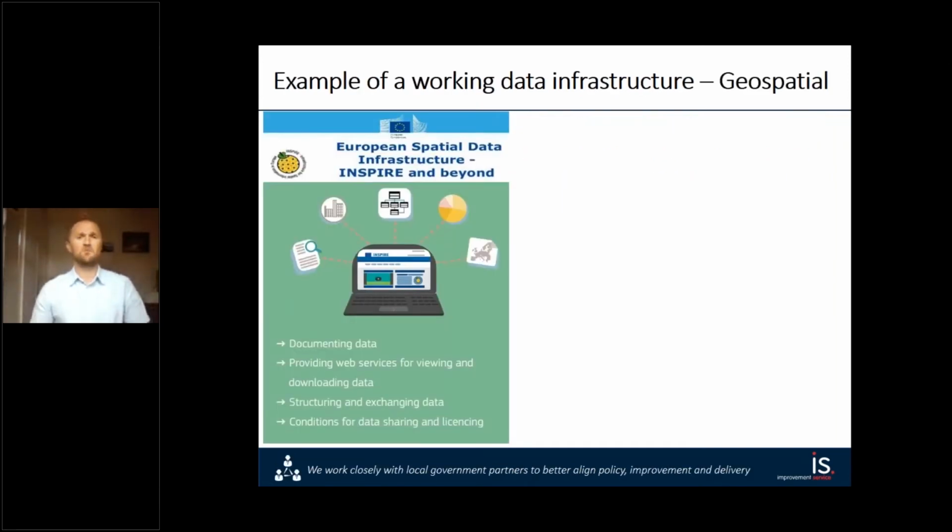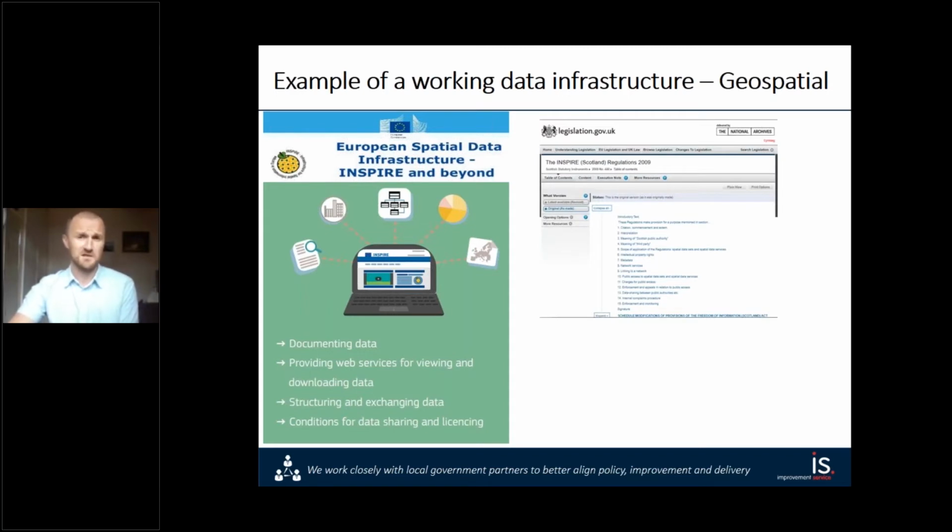Thinking about a data infrastructure that's been working for some time, the geospatial world that I come from has actually been forced into this better place because of things like the EU Inspire directive that came out in around 2007. This was all about documenting data better and providing better ways of viewing data and downloading data and structuring it and sharing it better with licensing.